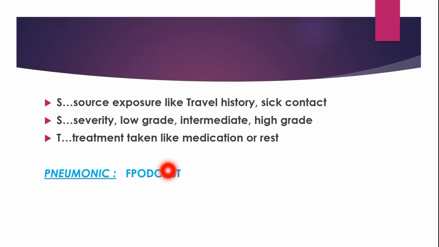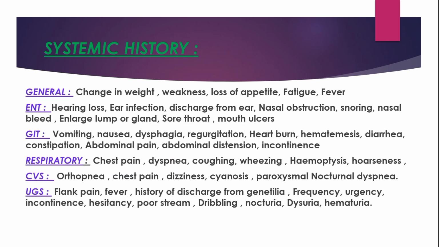So the mnemonic for the fever history is FPOCDSST, in which the F stands for the fever pattern, P stands for previous episodes of fever, O stands for onset, D for the duration, C for chills or rigors, S stands for other associated symptoms, S for the source exposure and severity, and T for treatment.